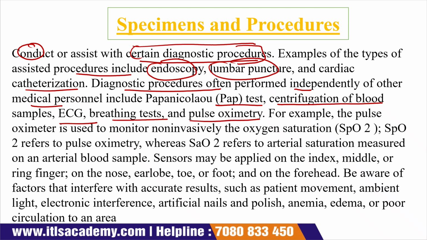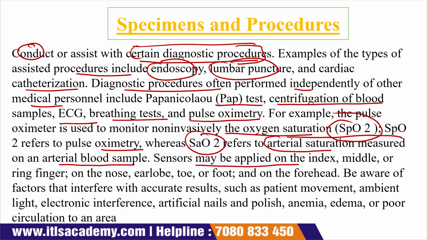For example, pulse oximetry is used to monitor non-invasively the oxygen saturation, that is known as SpO2. SpO2 refers to pulse oximetry, whereas SaO2 refers to arterial saturation, which is measured on an arterial blood sample.